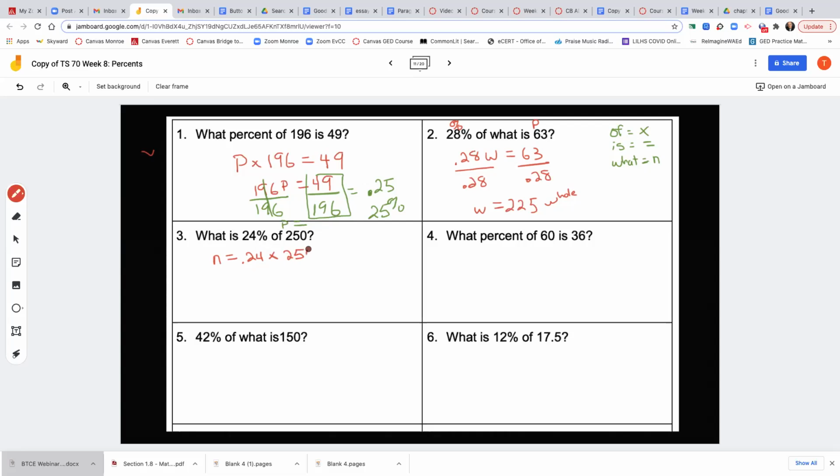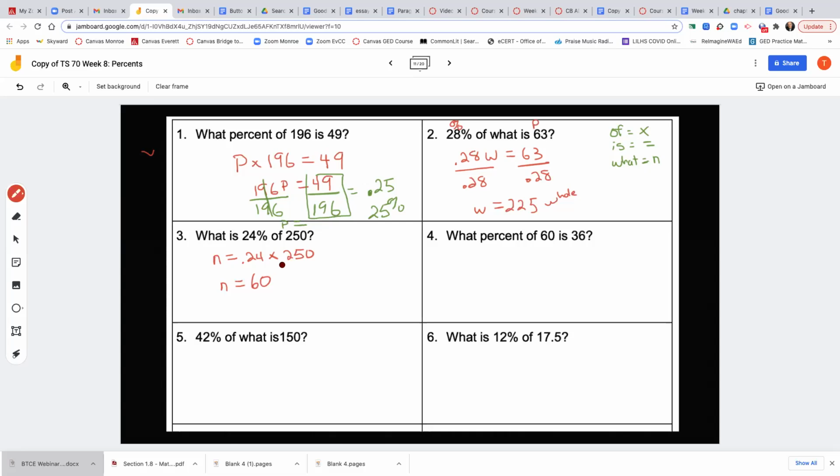Okay. And then you could just go from there and just do the math. So, all right, 0.24 times 250 equals 60. N equals 60. Okay. All right.